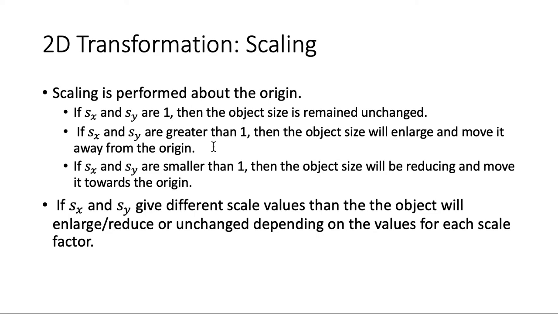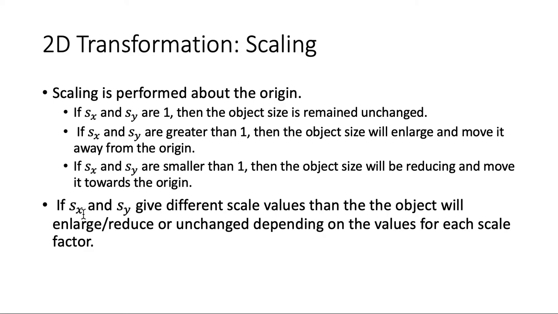If it is greater than 1, then the size will enlarge and move away from the origin. If it is smaller than 1, then the object size will reduce and move towards the origin.